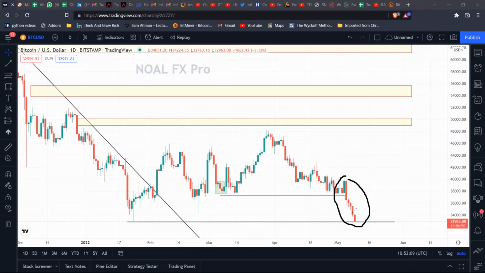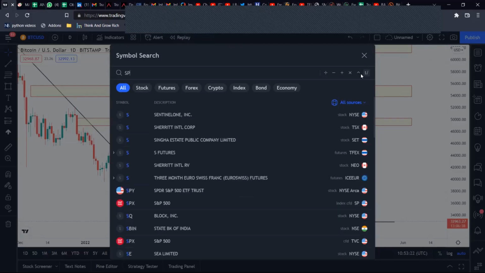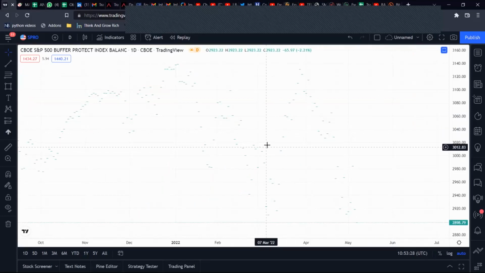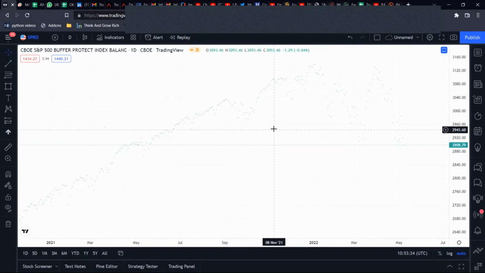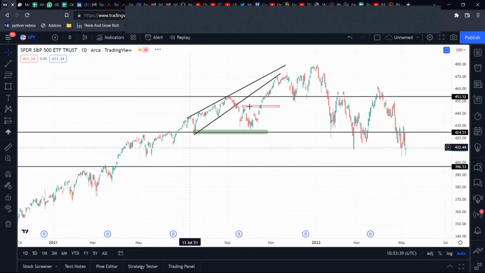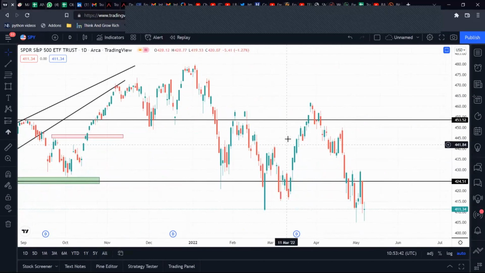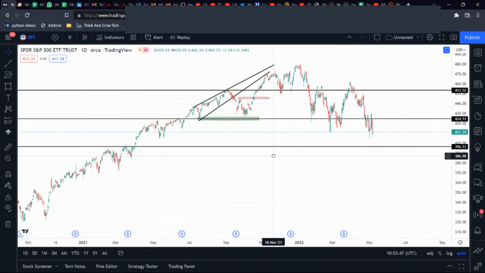For example, if we look at the S&P 500 here, you'll also see the drop in the S&P 500.